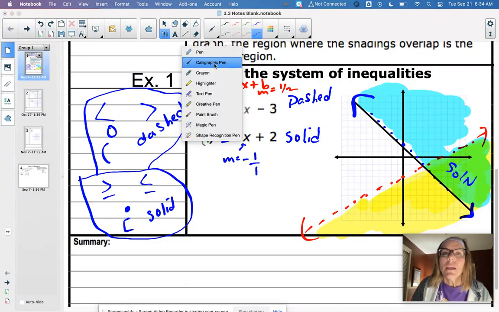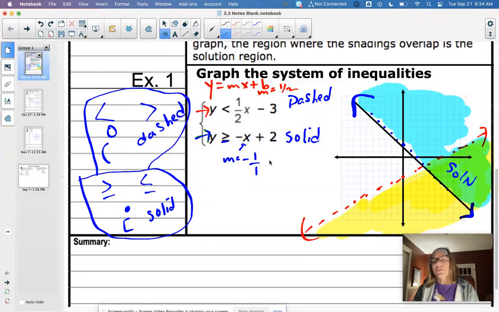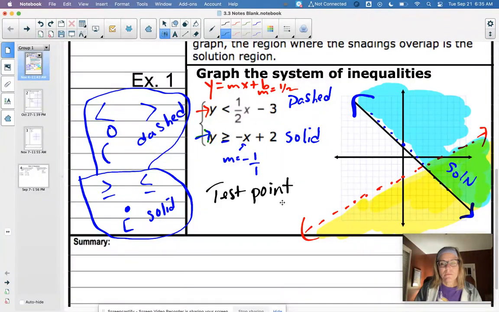Now, if you're struggling with the shading above and below, you can always use a test point to check. And a nice, easy test point is this little point right here, which is 0, 0. If I plug the point 0, 0 into the first inequality, I get 0 is less than 1/2 times 0 minus 3.